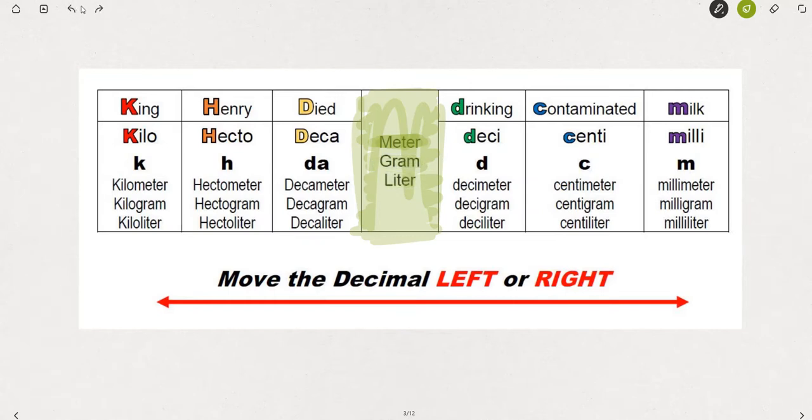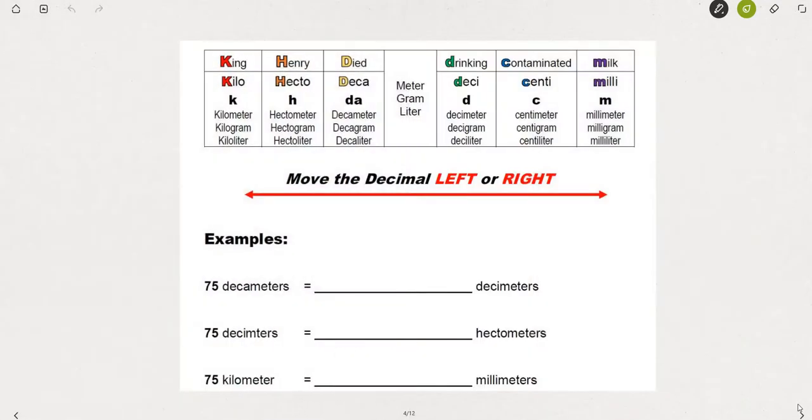So it is important that you can understand that in this system, the meter, gram, and liter are the base unit, and we can have a kilometer, a kilogram, or a kiloliter, depending on which base we're using, what type of measurement we're doing.